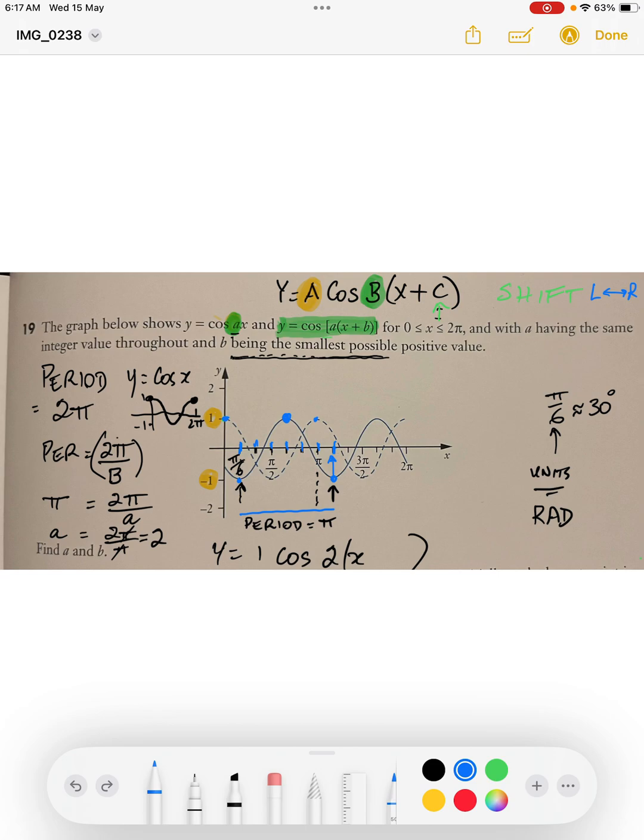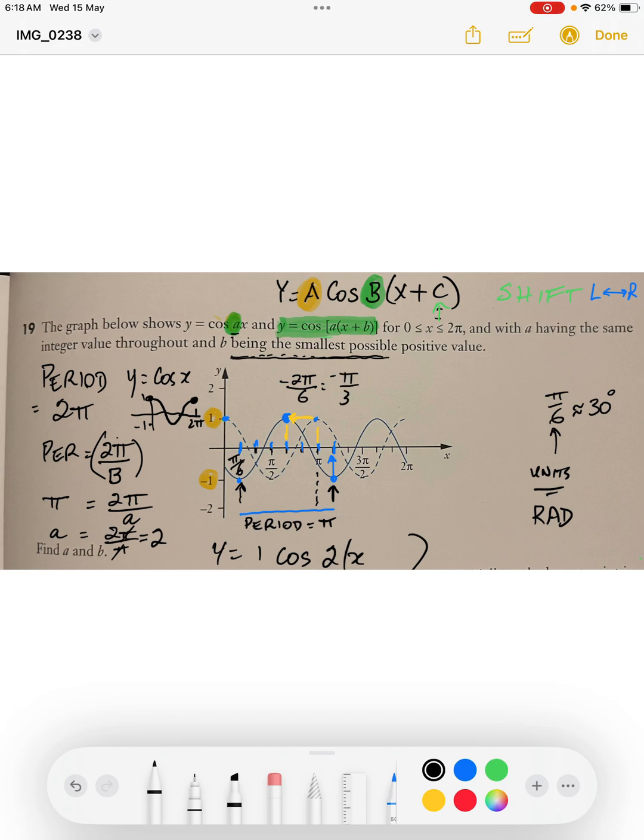So where is that taking us? If we look at this part of the graph, from here to here, we're moving it back 2 lots of increments. So it's coming back pi over 6 and pi over 6, 2 pi over 6's, which is pi over 3.